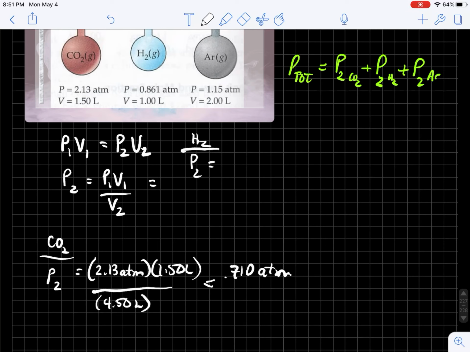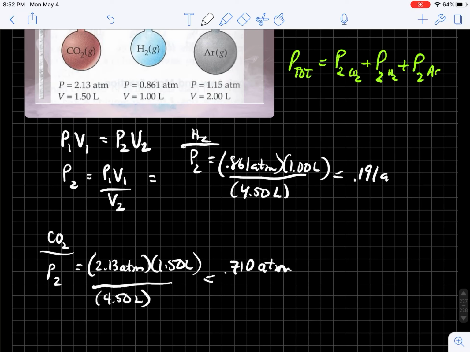So for hydrogen, we're going to do 0.861. Its original container was 1 liter. We open up the valve. The new container is now 4.5. So that gives us a new partial pressure for hydrogen. 0.861 times 1 divided by 4.5, we get 0.191.